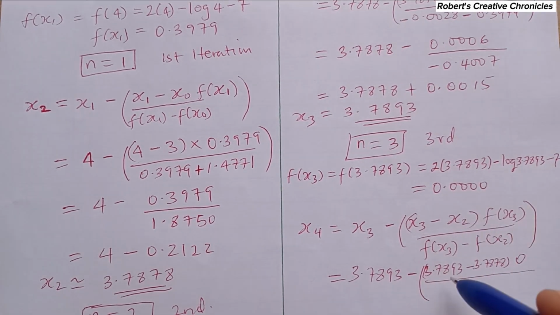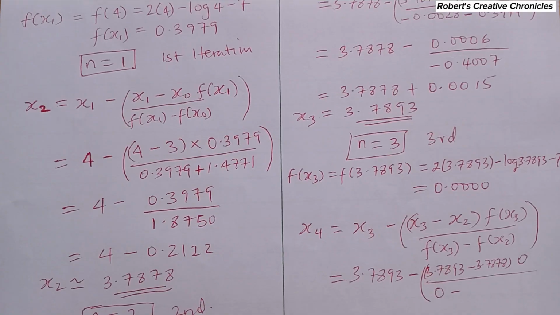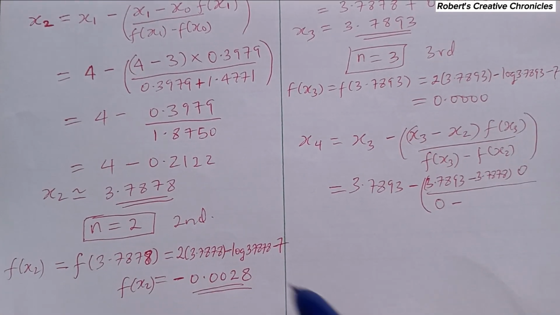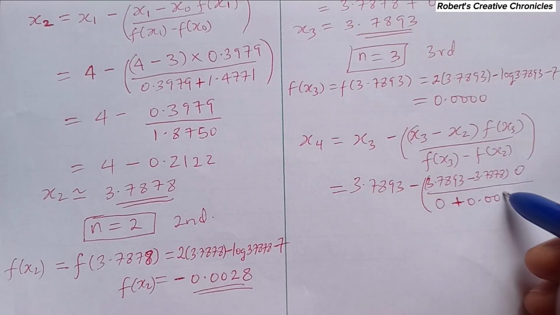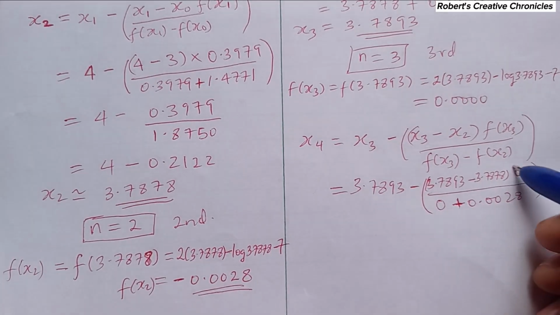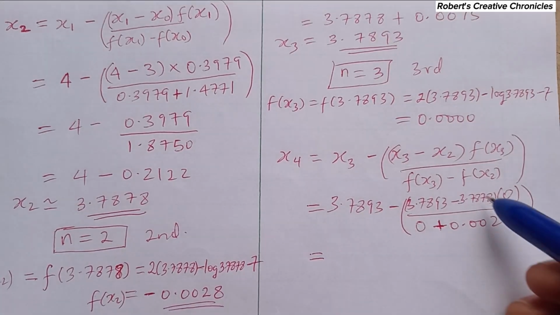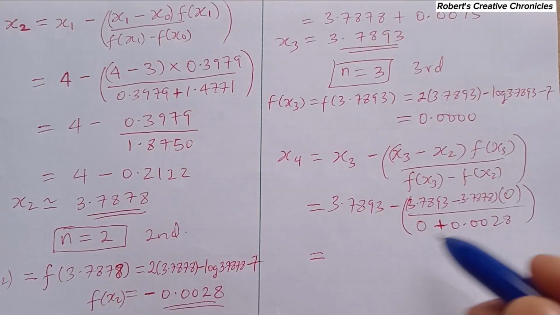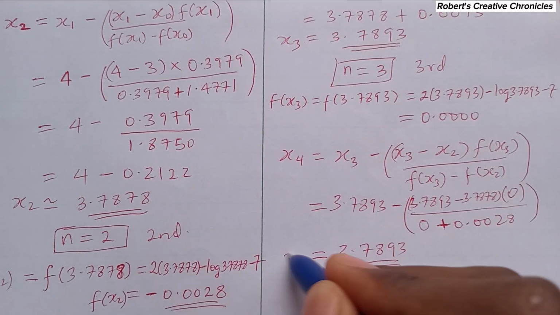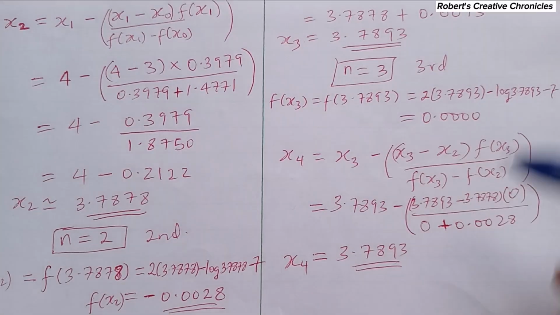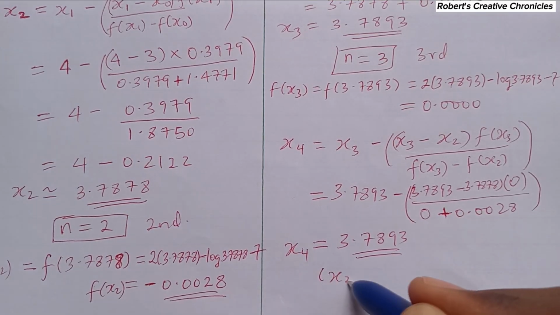Then fx3 is 0 also, minus fx2, which will become plus 0.0028. So the whole of this, 0 times this, will be 0. So everything here is 0, so it will be 3.7893. This is the final answer. Now we can stop the iteration since x3 is equal to x4.